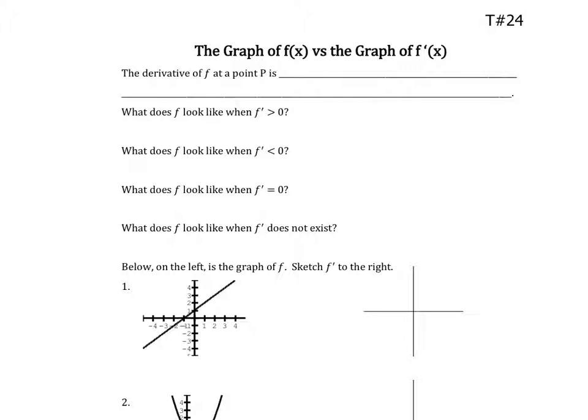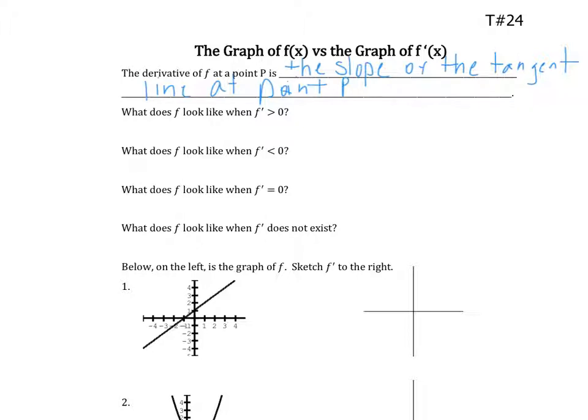You're going to say, because you know it so well, that is the slope of the tangent line at point P, okay? You could also say it's the slope of the function at point P, but I like saying the slope of the tangent line at point P.